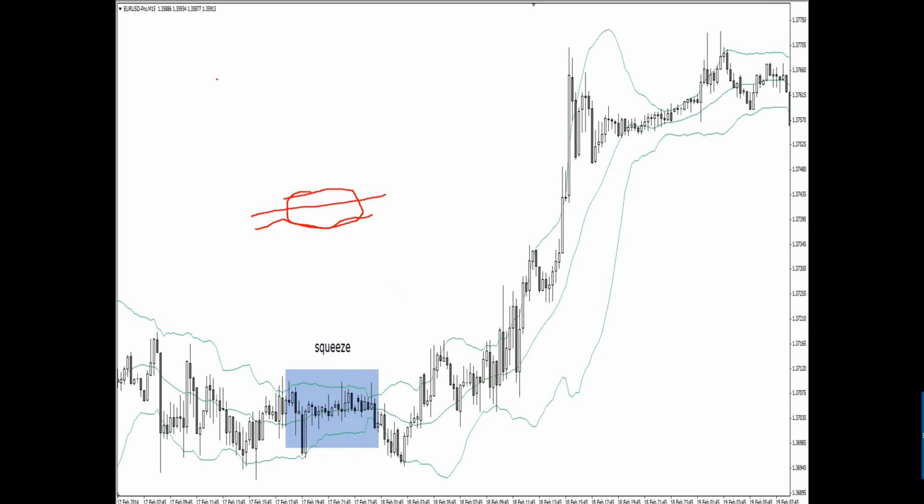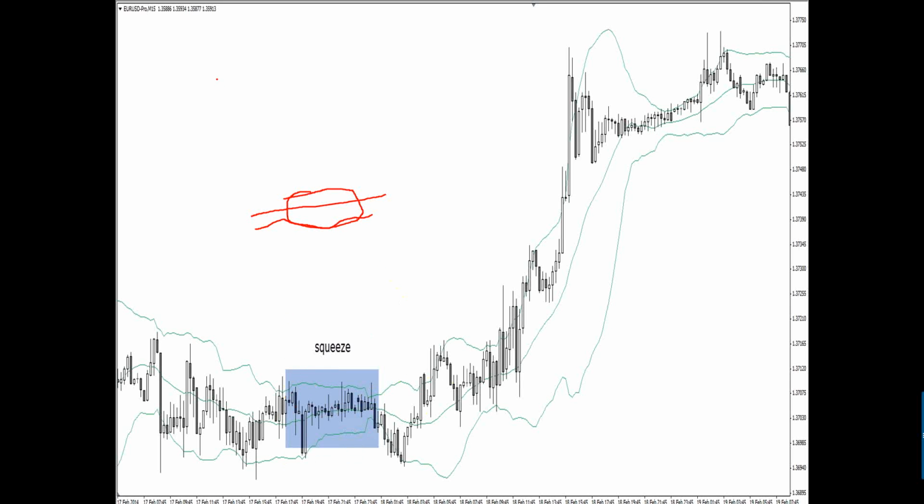But I have identified a lot of fake outs and false breakouts from that squeeze. So the thing is, I know how we can filter bad breakouts from the squeeze. There is a technique which can be applied to Bollinger Bands.